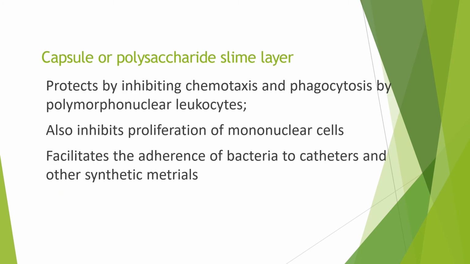What are the functions of this capsule and slime layer? It protects the organism by inhibiting chemotaxis, which is our defense mechanism. Then phagocytosis, that is the engulfment of foreign material and eliminating it from our body.